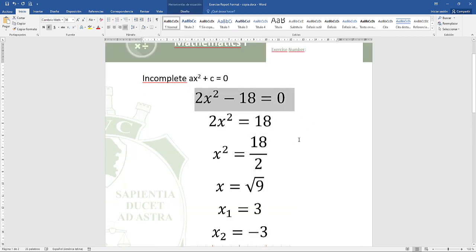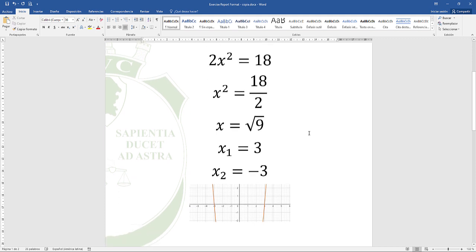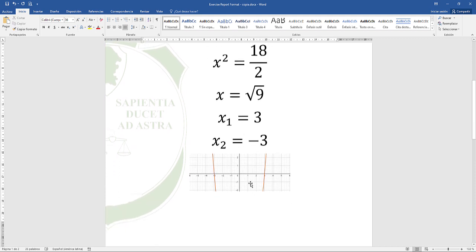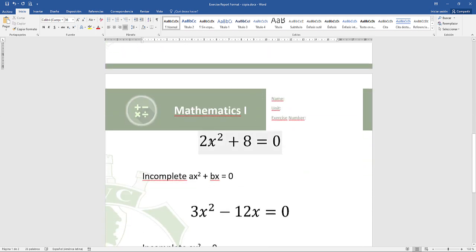This is the exercise, these are the steps for the solution, and this is the graph of that exercise. Okay, the next one.